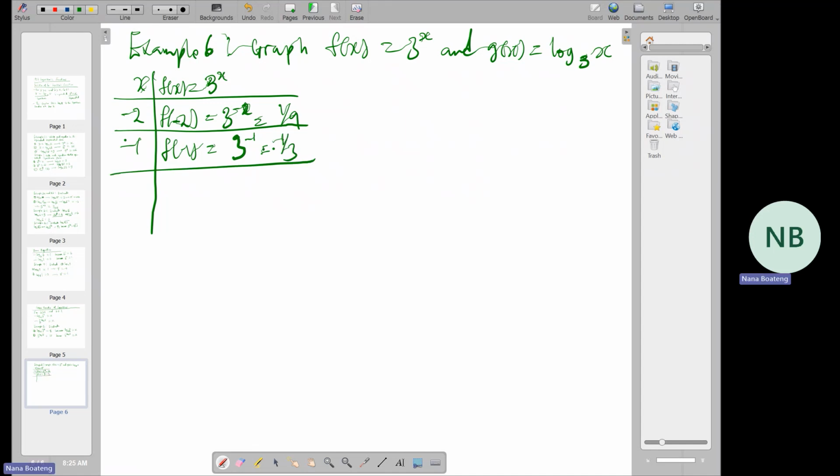And f of 0 is equal to 3 power 0, which is the same thing as 1. And when x is 1, f of 1 is the same thing as 3 power 1, which is the same thing as 3.